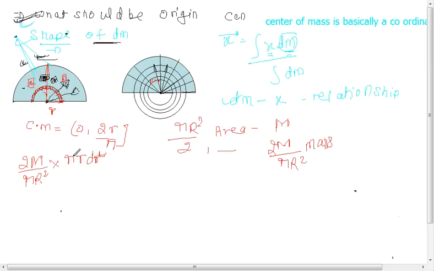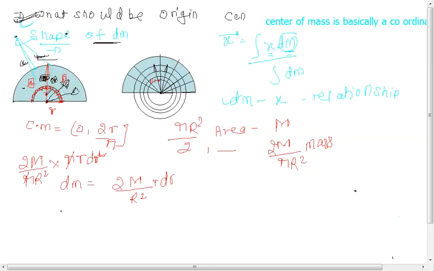So pi will cancel out. What we get here is that the mass dm is equal to 2m r dr by capital R square.